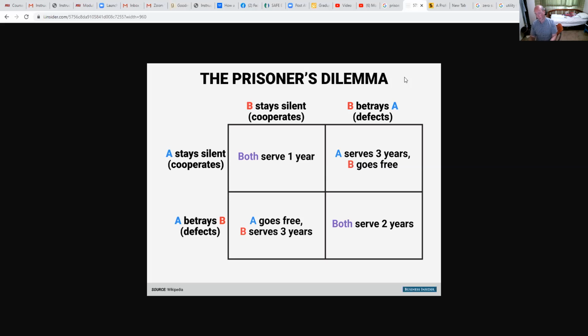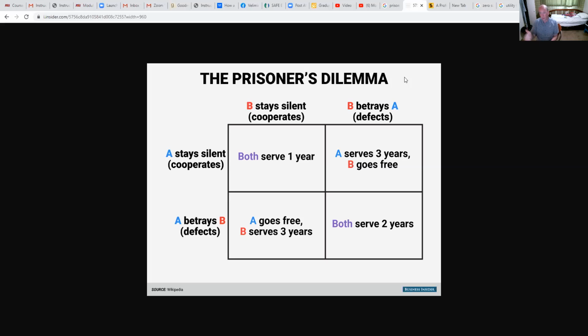But they say, maybe it was the other guy, maybe it wasn't you, maybe it was your partner that did everything. And in fact, if you give us a statement to that effect, that tells us everything the other guy did, how he did it, and that it was his fault, then as a reward, you won't serve the 1 year that you would otherwise serve. We'll let you go free. We won't prosecute you.